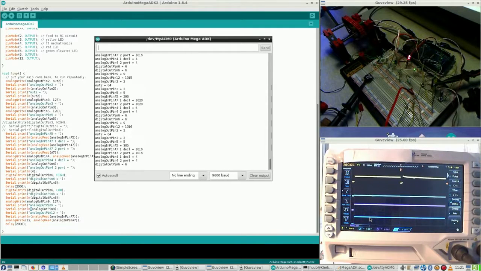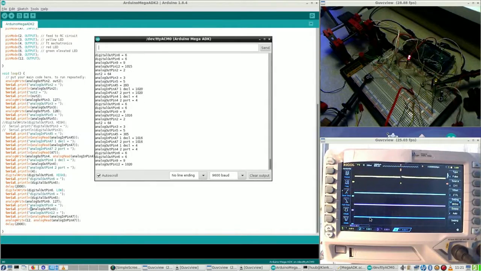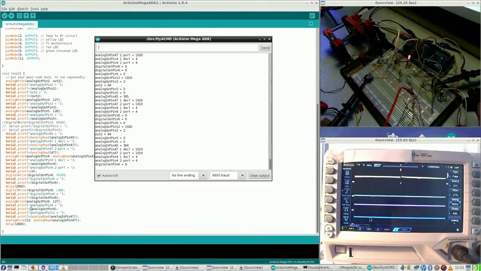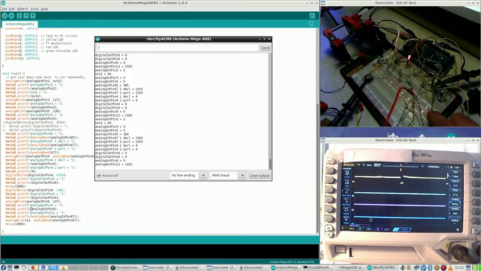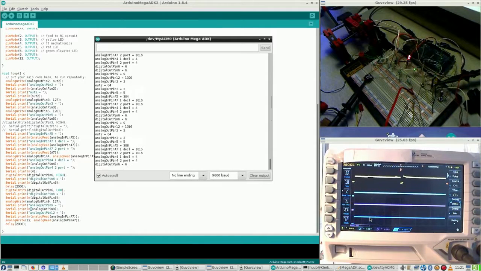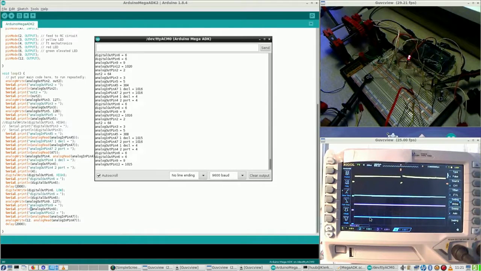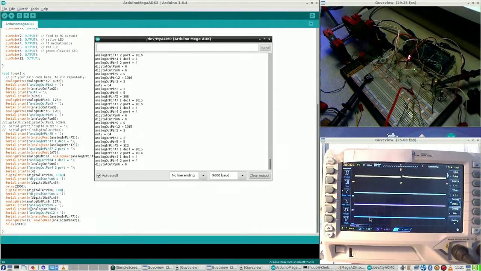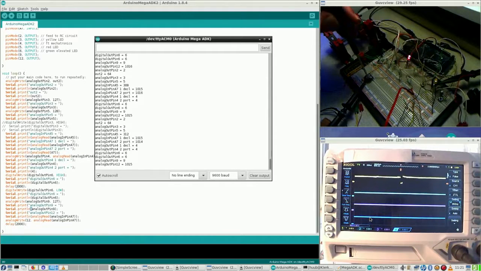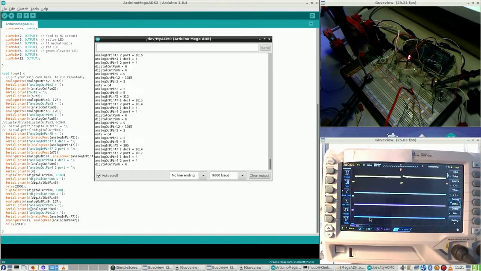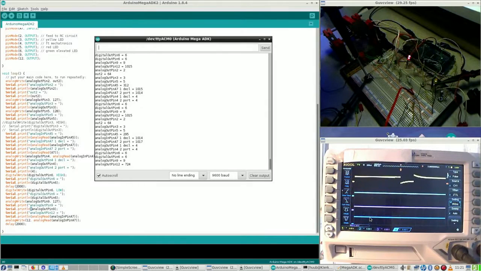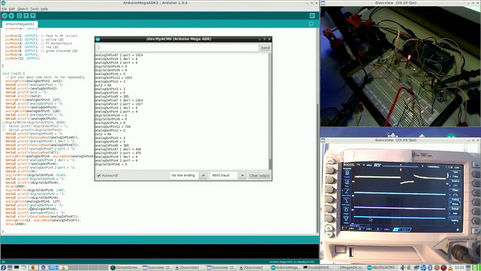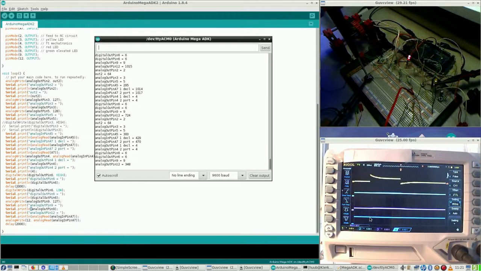So how about this one? So now if I turn this slowly down, and yes, then it stops with a very different signal.